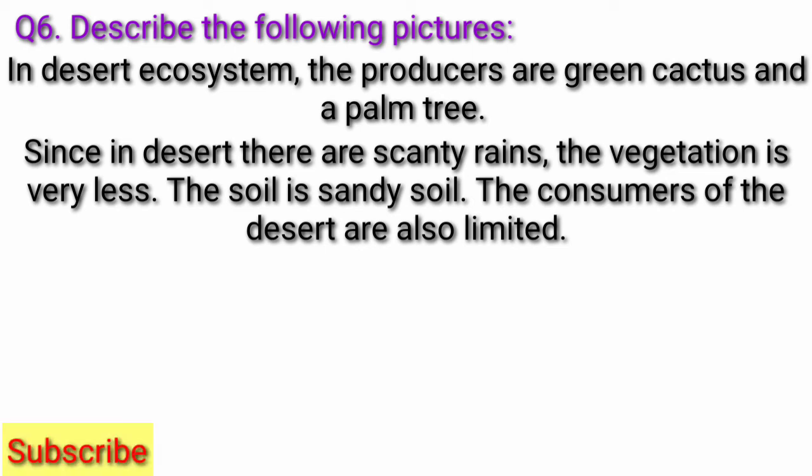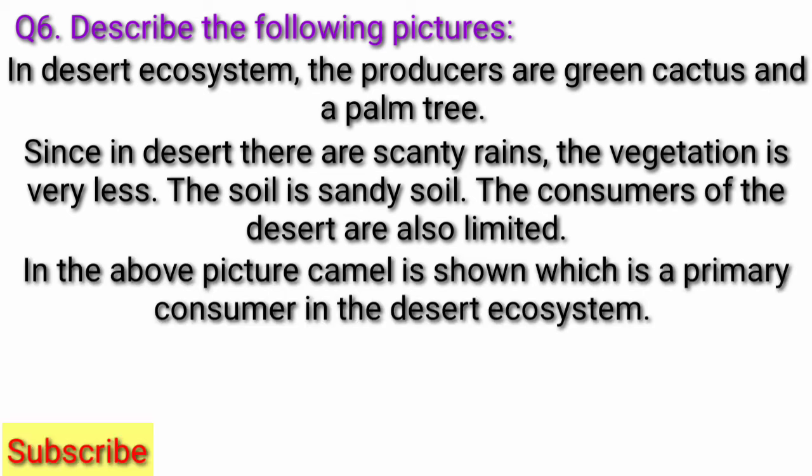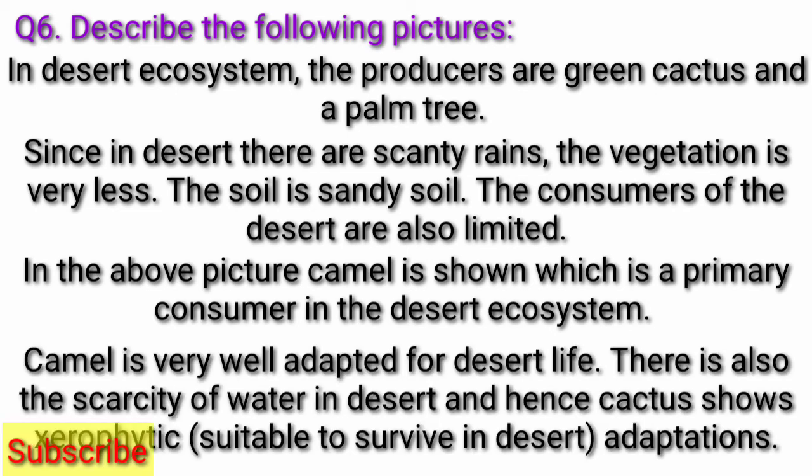The soil is sandy soil. The consumers of the desert are also limited. In the above picture, camel is shown, which is a primary consumer in the desert ecosystem. Camel is very well adapted for desert life. There is also the scarcity of water in desert, and hence cactus shows xerophytic adaptations.